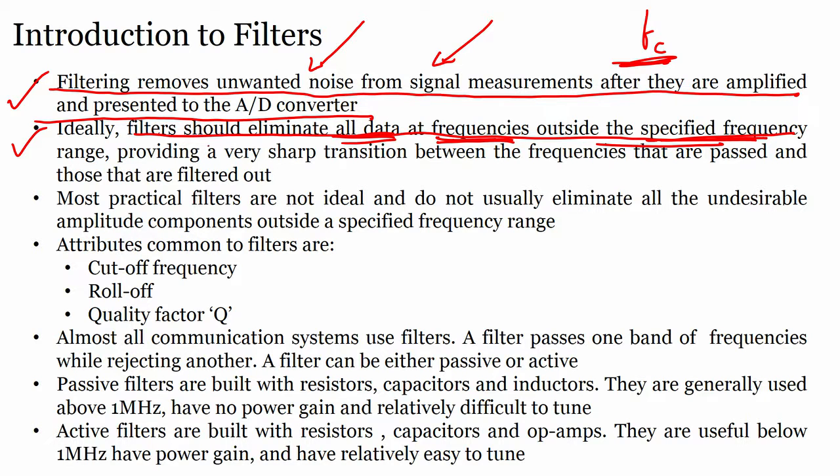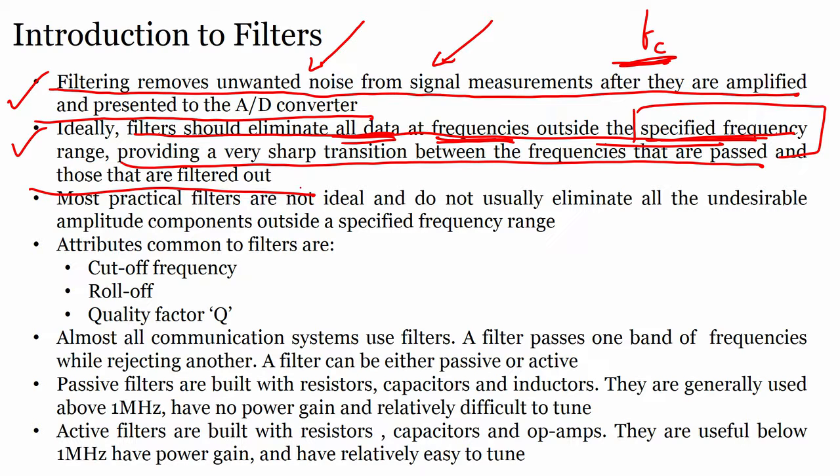That means it should eliminate all data at frequencies outside the specified frequency range, providing a very sharp transition between the frequencies that are passed and those that are filtered out. You got it?